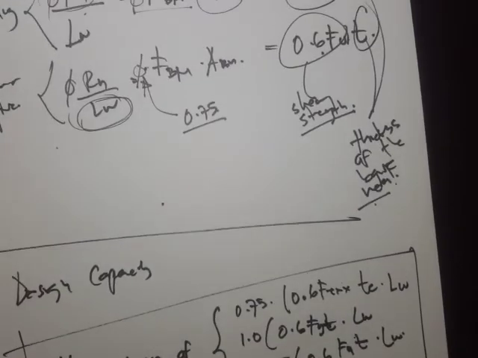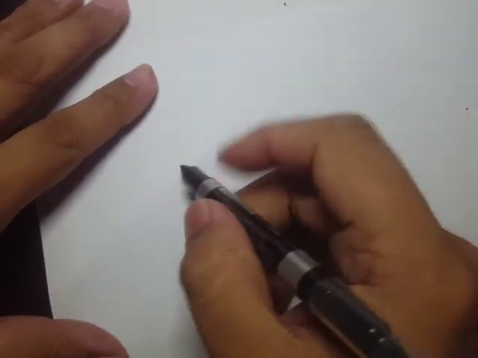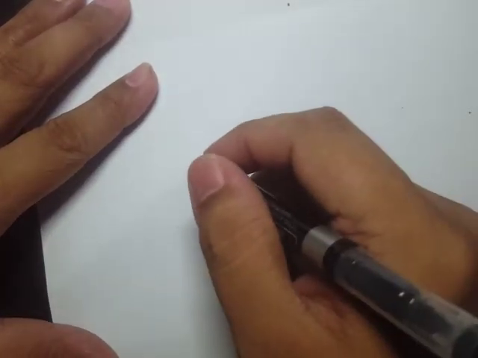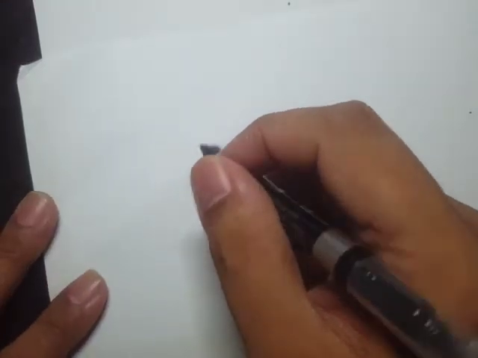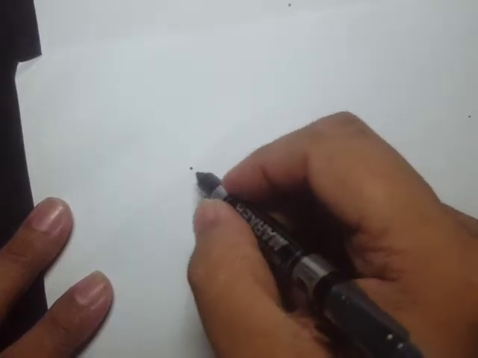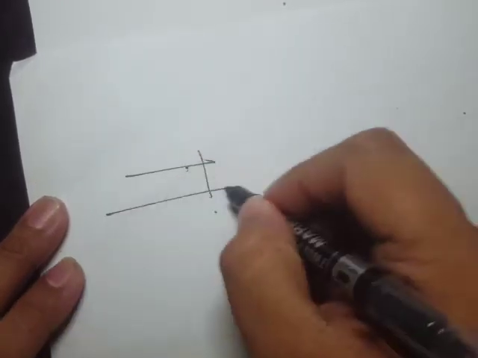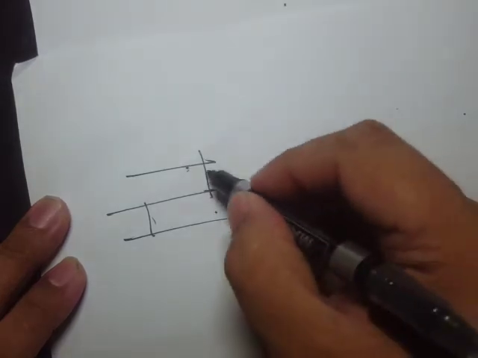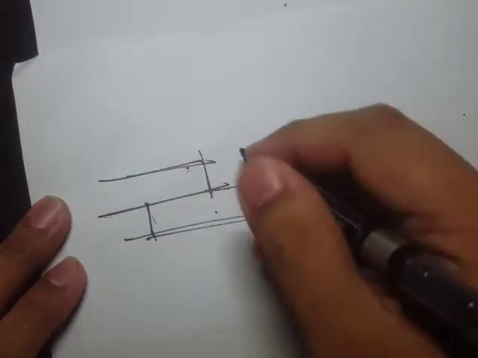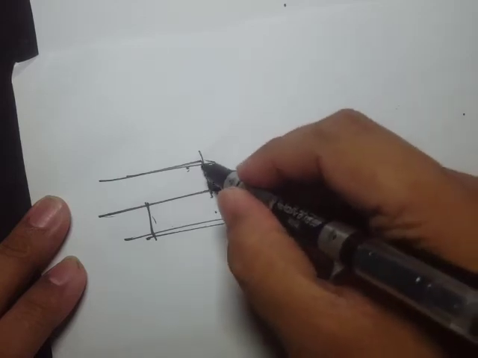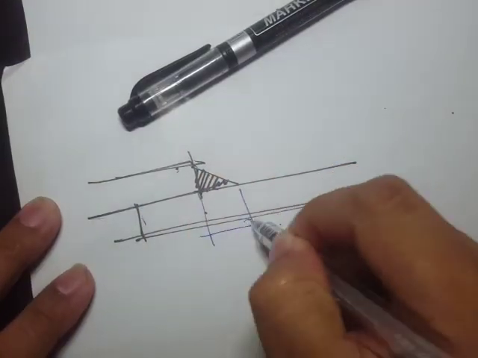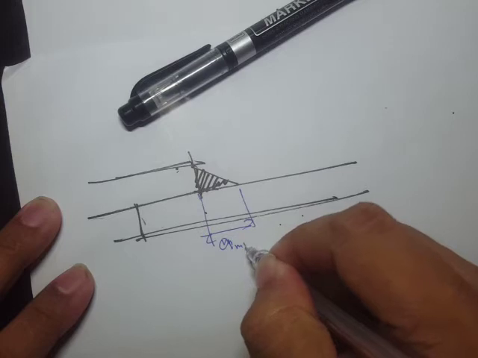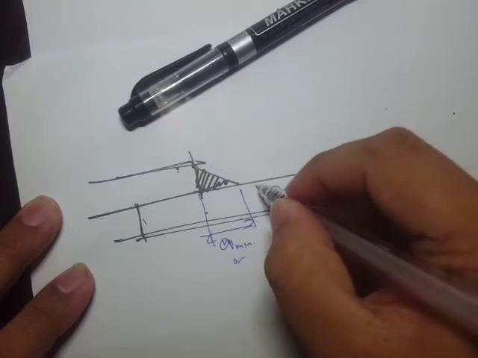Okay, so now let's talk about the minimum size of fillet welds. The size of the weld depends on the thickness of the thinner part. So for example, we have this thickness of the base part. Then what's going to be the minimum size, or what's going to be the maximum?